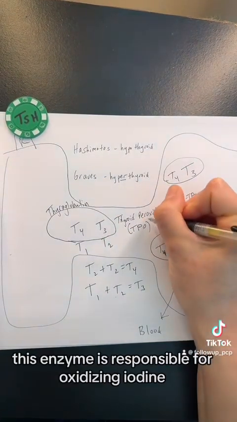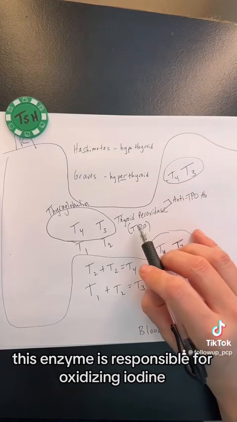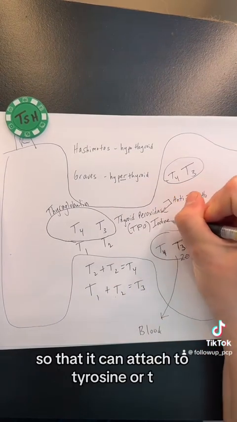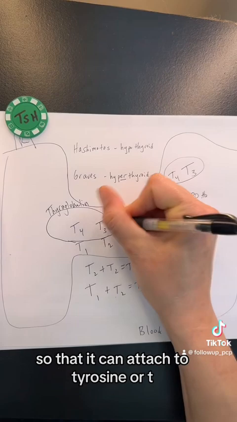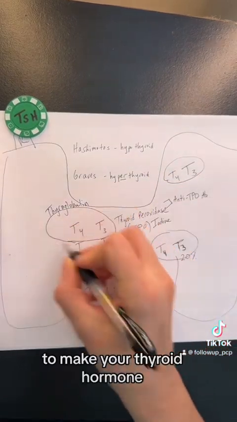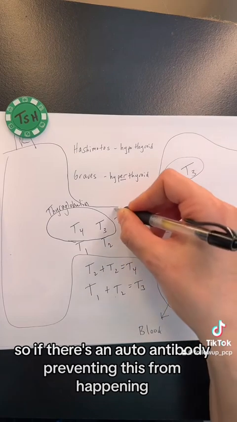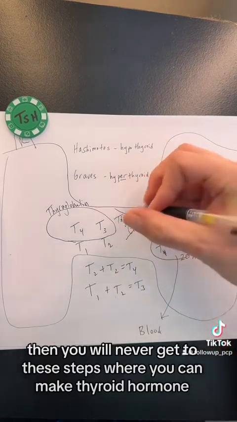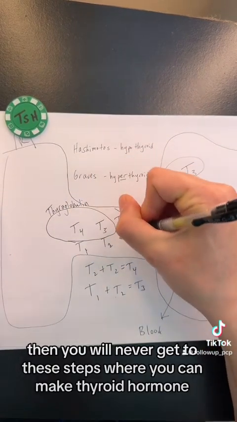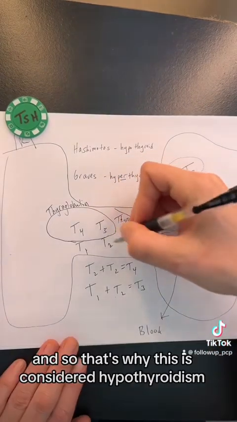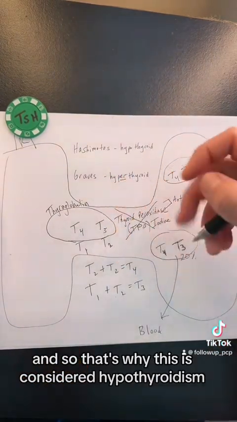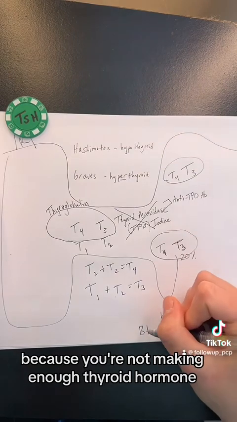Now remember, this enzyme is responsible for oxidizing iodine so that it can attach to tyrosine to make your thyroid hormones. So if there's an autoantibody preventing this from happening, then you will never get to these steps where you can make thyroid hormone. That's why this is considered hypothyroidism, because you're not making enough thyroid hormone.